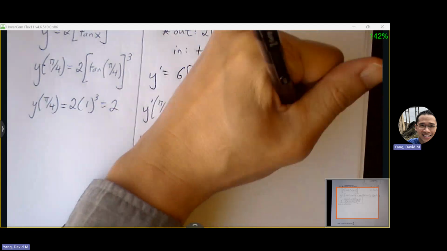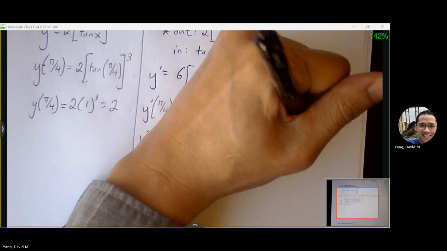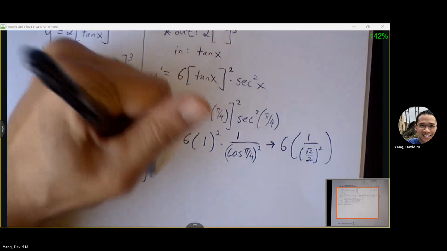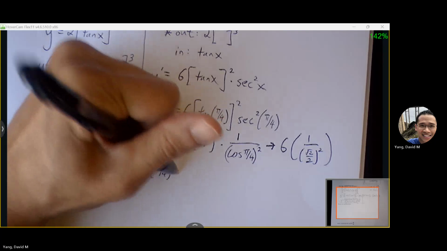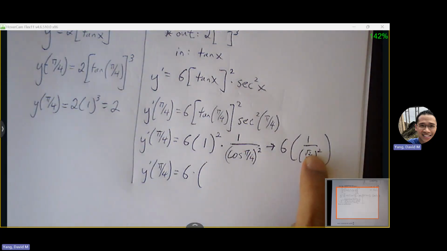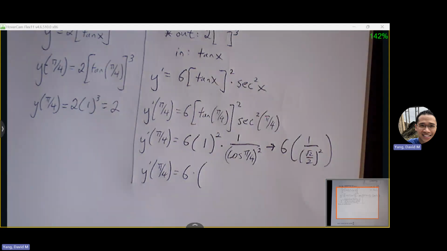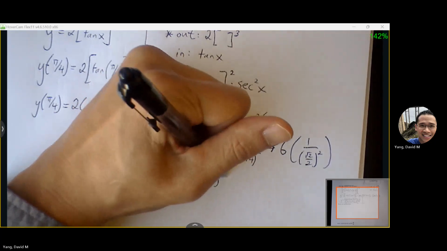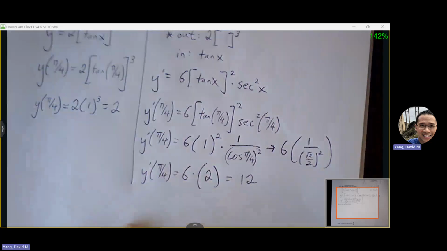Root 2 over 2 squared. So this ends up being 2/4 or 1/2. And if I flip 1/2, I get 2. So my slope is just going to be 12.